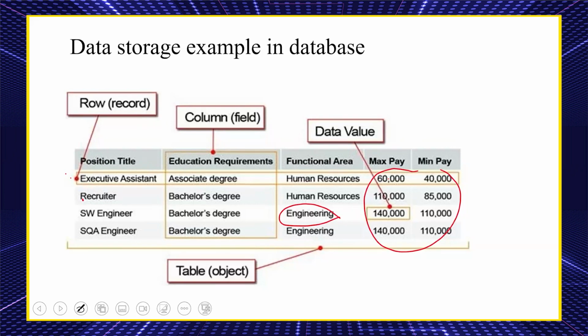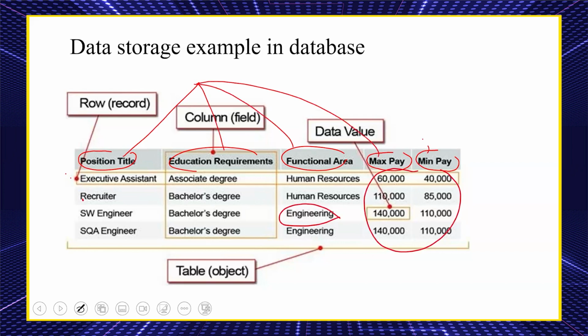The first example has position title, education requirement, functional area, maximum pay, and minimum pay. All these things are called columns.